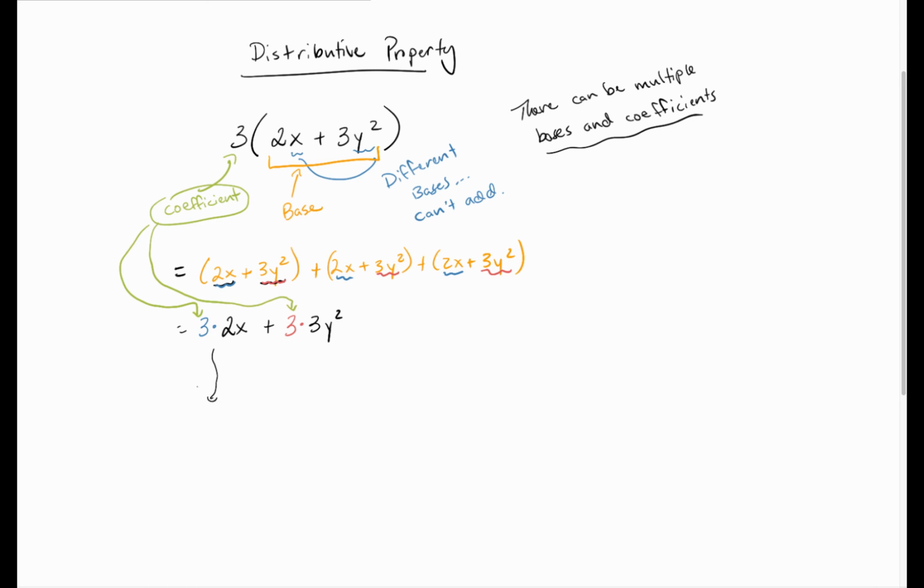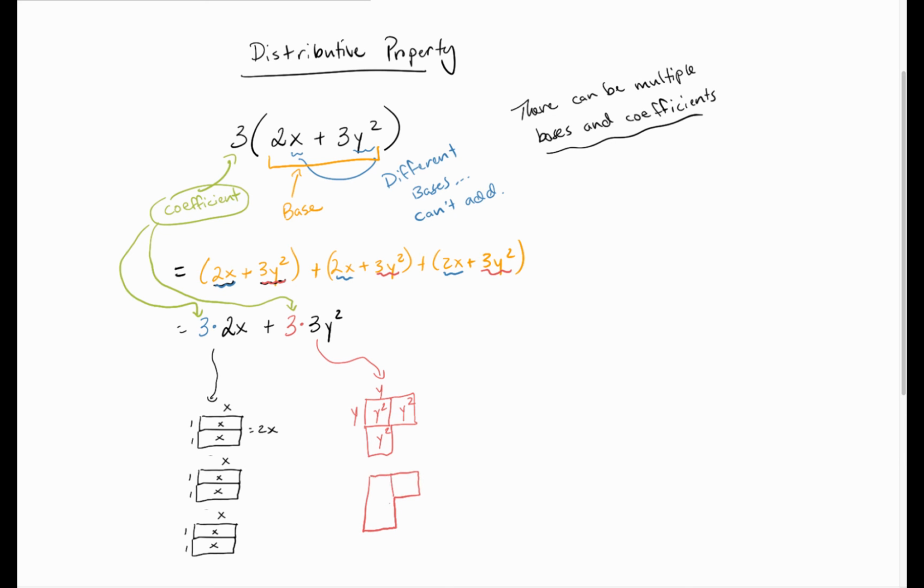Now, we'll get back to that in a second, but for now, let's look at the fact that we have 2 x's. Again, each of these has a coefficient of 1 and a base of x, so 2 x's, and we have 3 of those groups. And then moving on over here, we have a y squared, which again, we talked about the fact that's just a square with sides of y, area of y squared, and we have 3 of those groups as well.